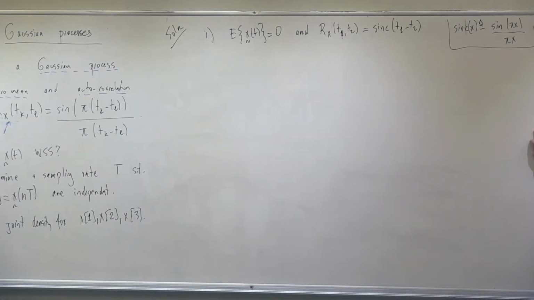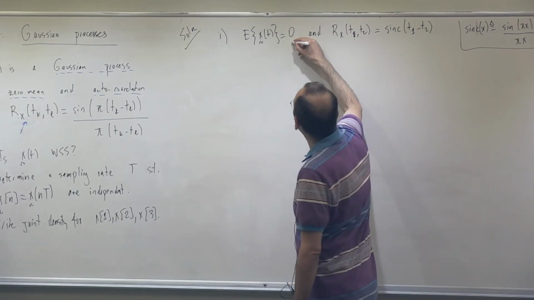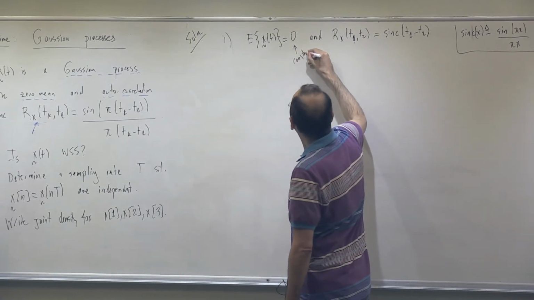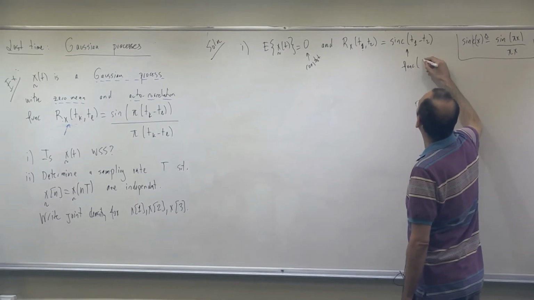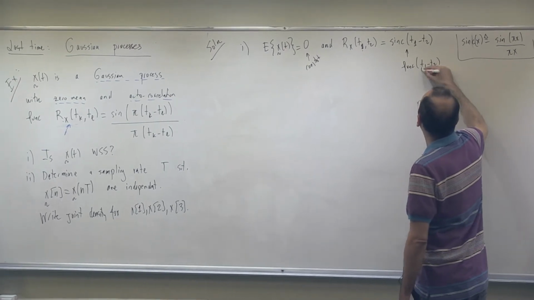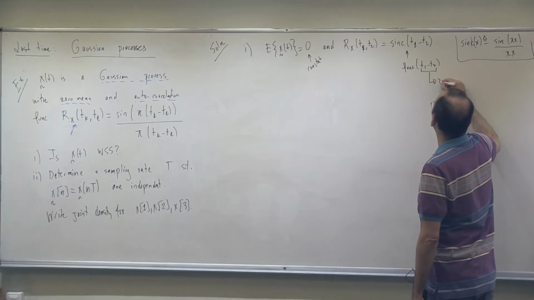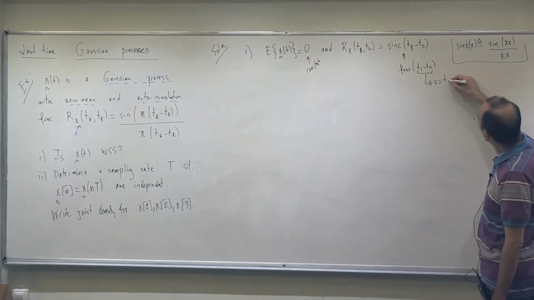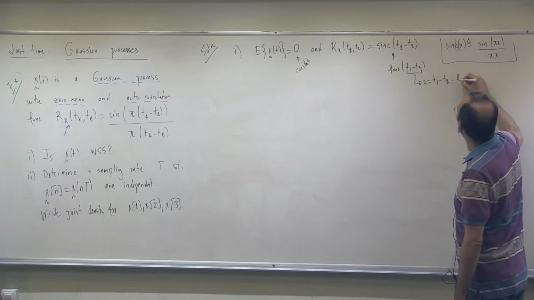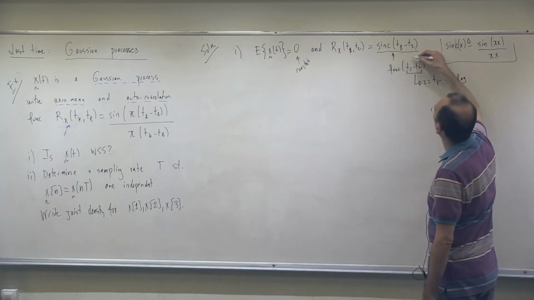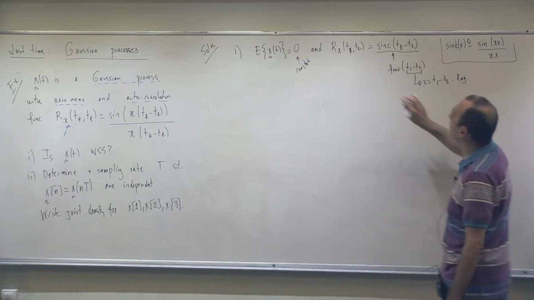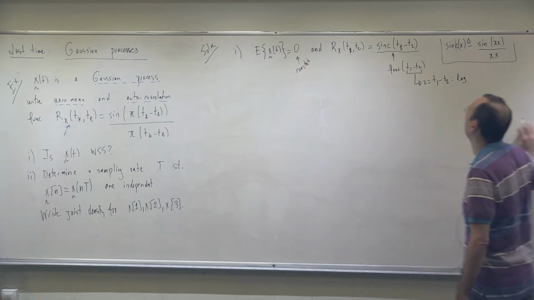Now, what's our conclusion? So this mean is constant. And this is a function of what we will call this time difference t1 minus t2. Sometimes we call this lag. It's a function of this lag variable, a function of t1 minus t2, but not t1 and t2 separately.